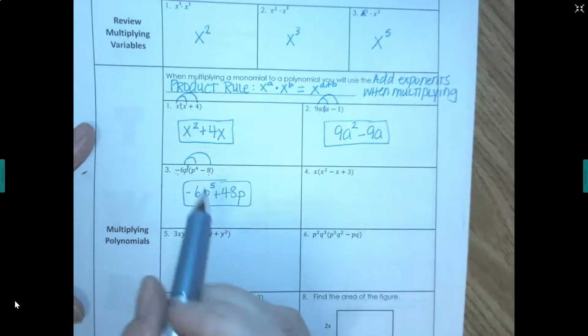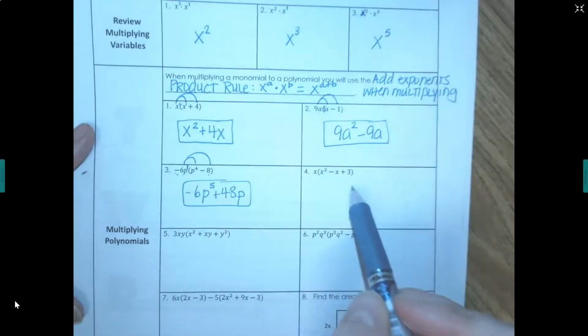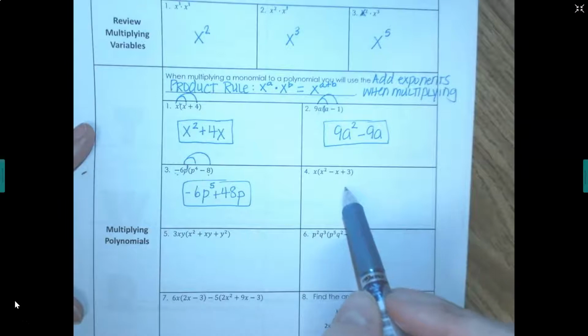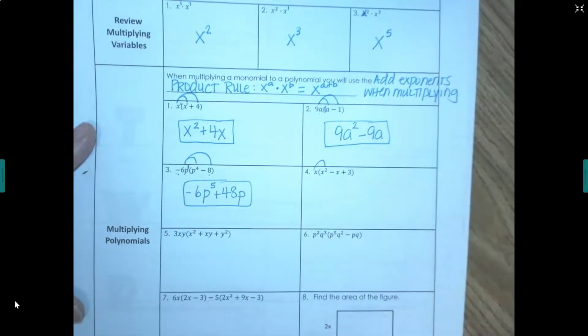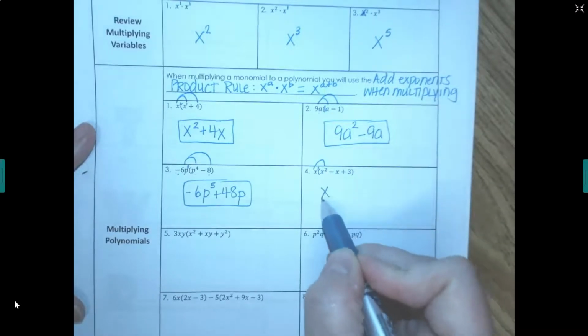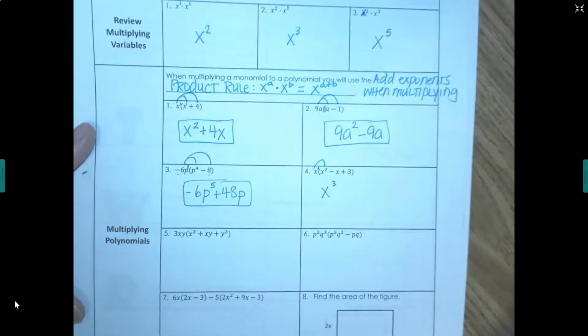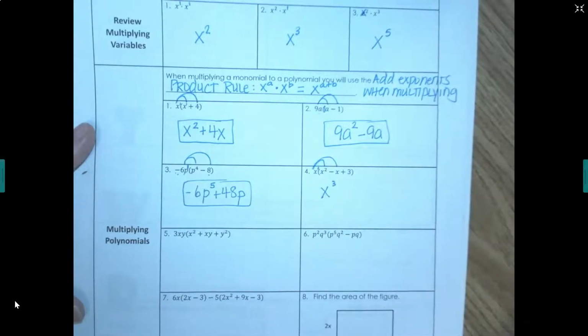Okay, so we've done a monomial to a binomial on all 3 of these problems, but we can take it out even further. This is a trinomial, and we're just going to keep the distribution going. So we have x times x squared. Remember there's a 1 on this x for a total of 3 x's. Now I'm going to take x times negative x. It's a positive times a negative, which is a negative.